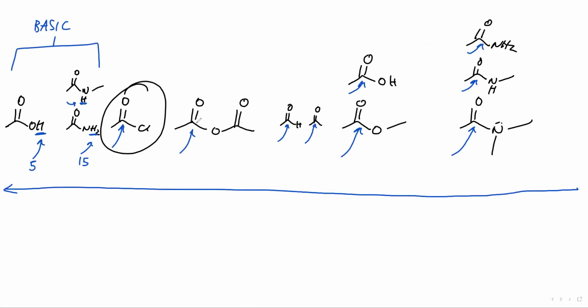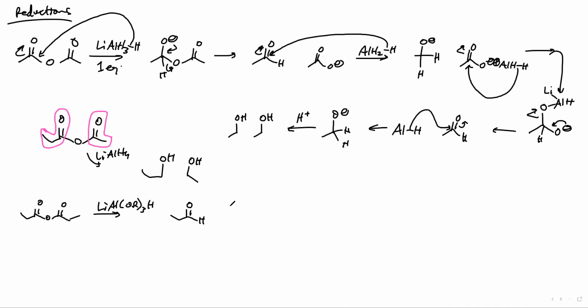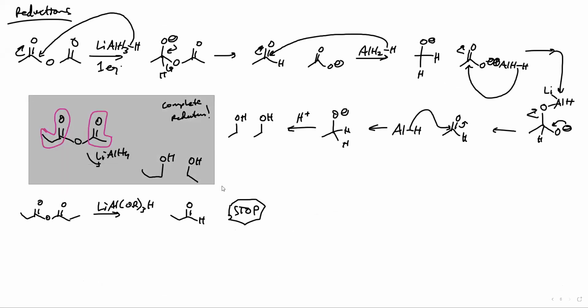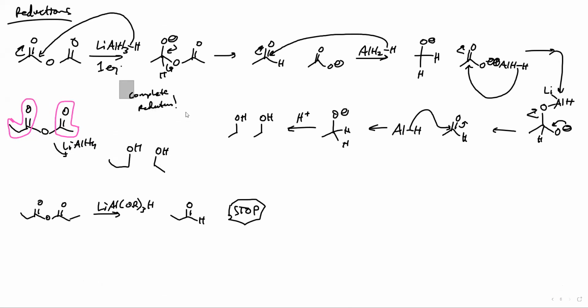We said anhydride is going to be more reactive, and therefore reduction is stopped here. So we get complete reduction here, but we get selective controlled reduction with LiTBA. And that's the point of having LiTBA. Otherwise, we wouldn't really need it.